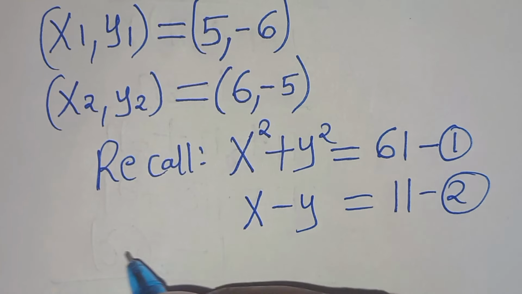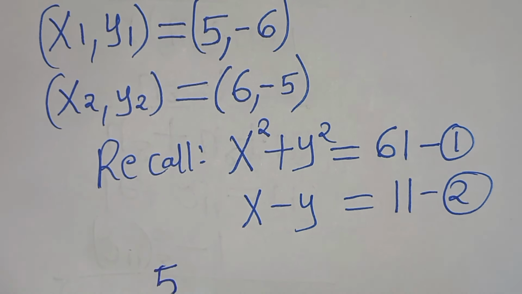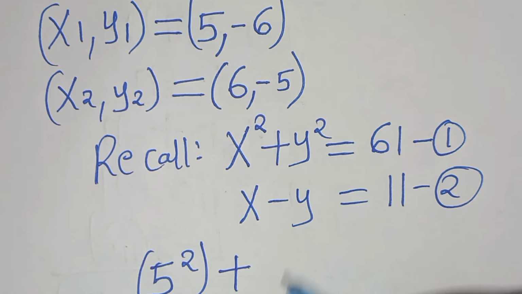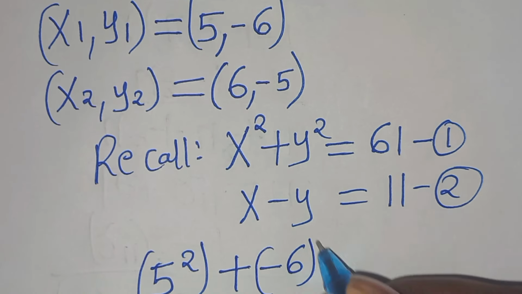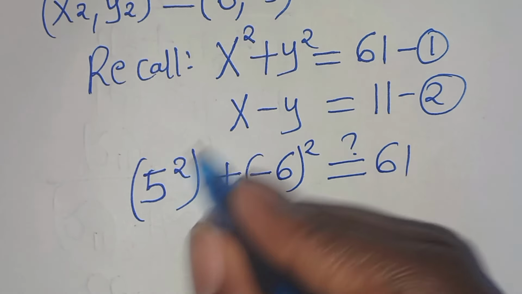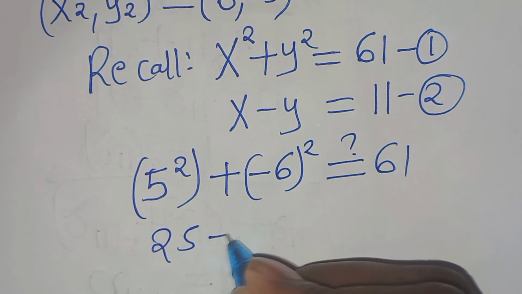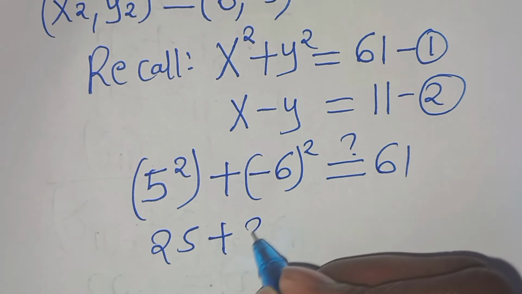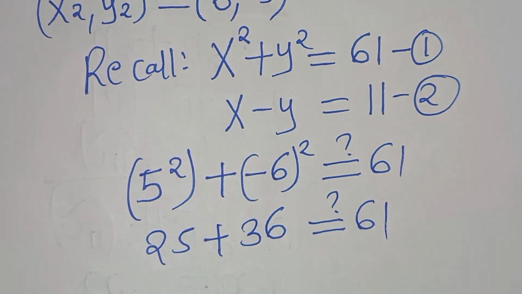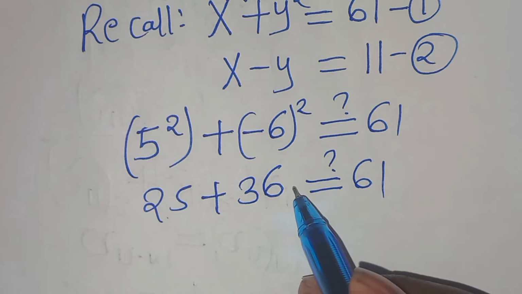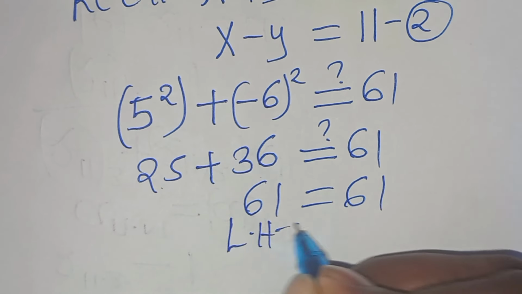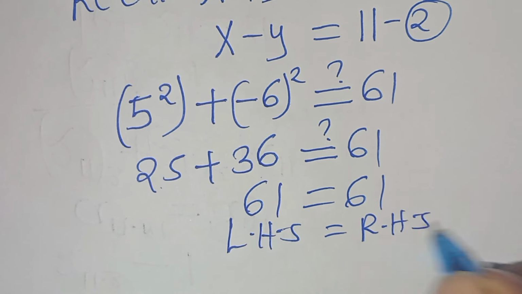We have x squared, which is 5 squared, plus y squared, which is minus 6 squared. This is supposed to give us 61. 5 squared is 25, plus minus 6 squared, which is 36. 25 plus 36 is 61, which is equal to 61. So the left hand side is equal to the right hand side.